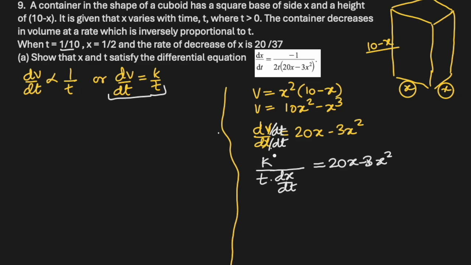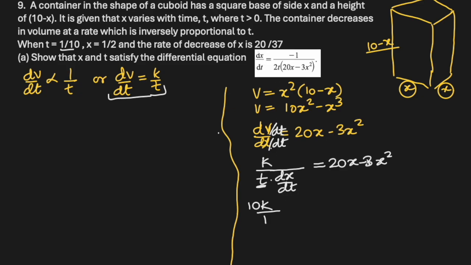Basically here they are helping us to find k. So k is unknown, k remains k, but time they said is 1 over 10. So again, denominator of a denominator becomes numerator. So 1 over 10, I will write 10 as numerator in place of this t.